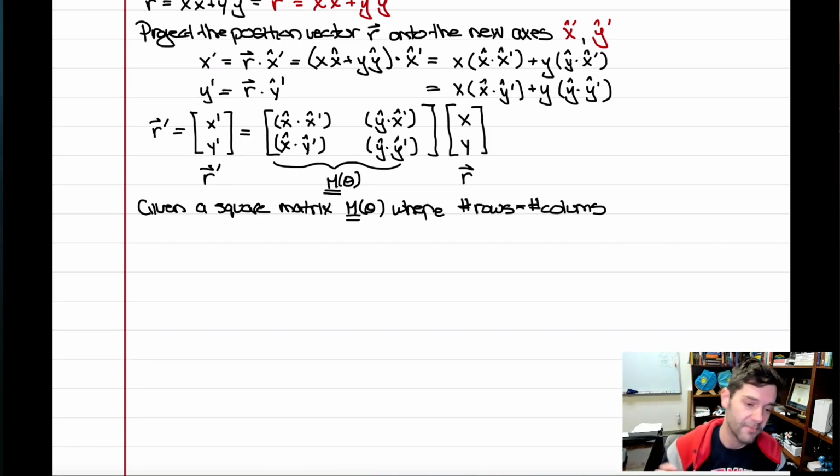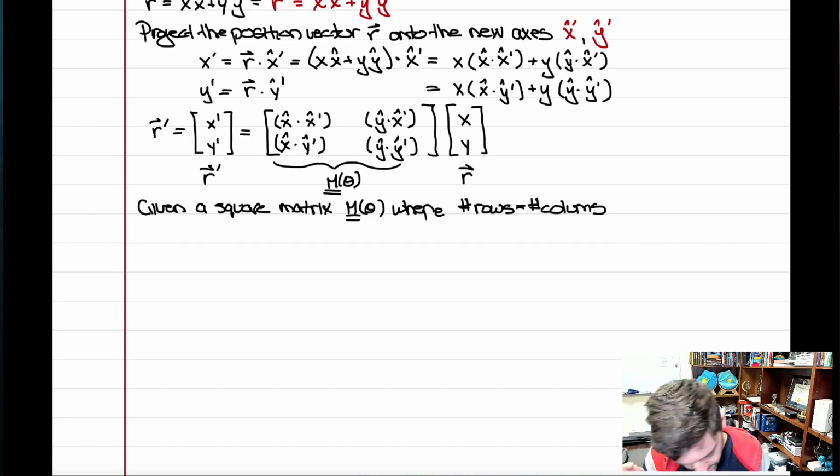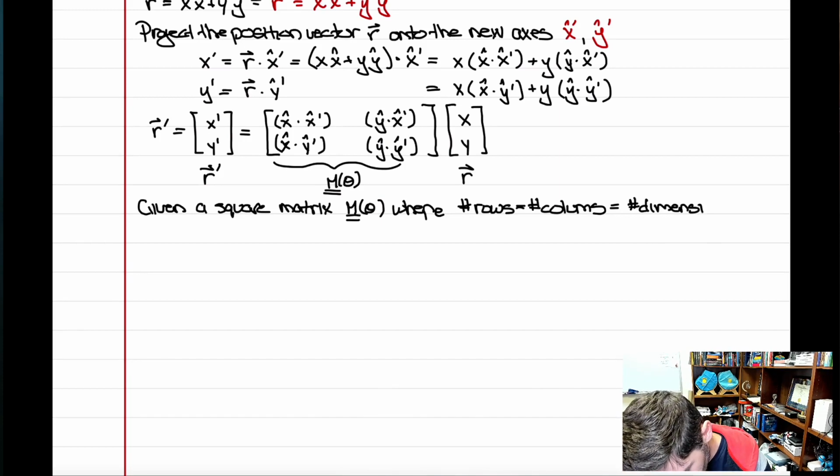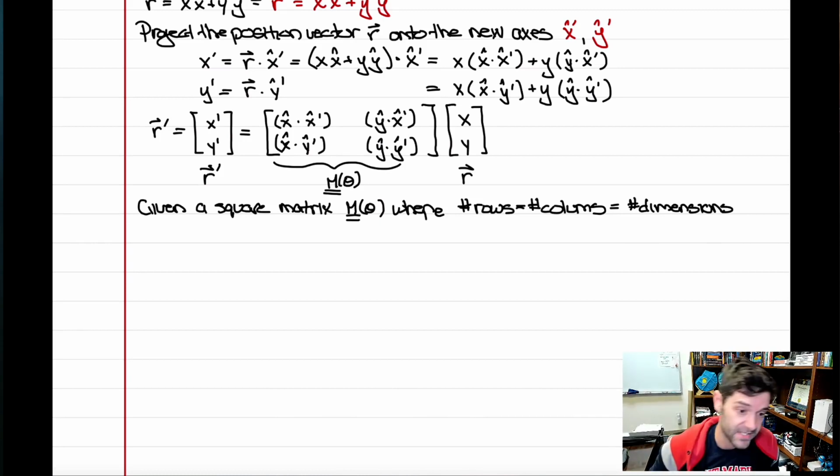If this were a 3D rotation, you could probably intuit that it would be a 3 by 3. And also we require that this equals the number of dimensions, or the size of the vector r. R has two elements, x and y. The matrix M has two rows and two columns.